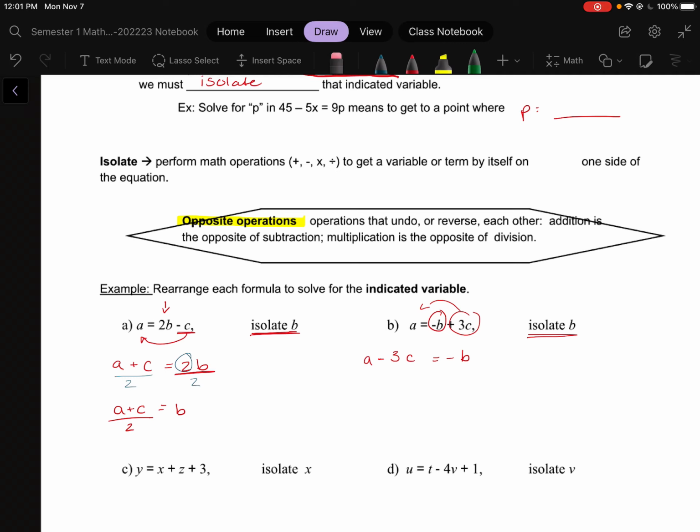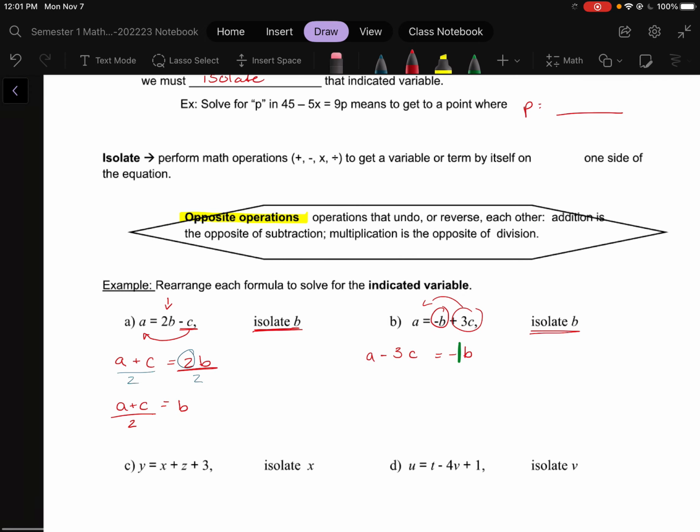Remember, because this b is alone, it always has a 1 in front of it. So we need to divide b on its own by -1, and the other side by -1, and we will get a final answer of b, which is going to be kept that way, positive b equals a minus 3c over -1.